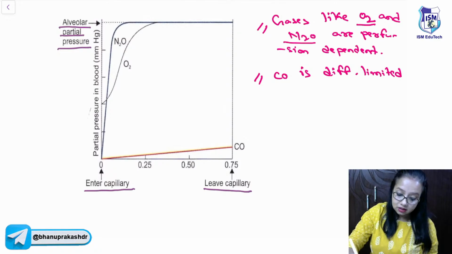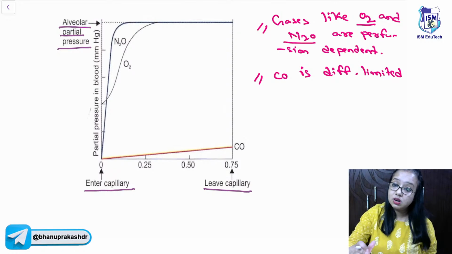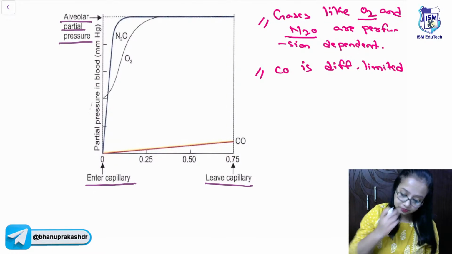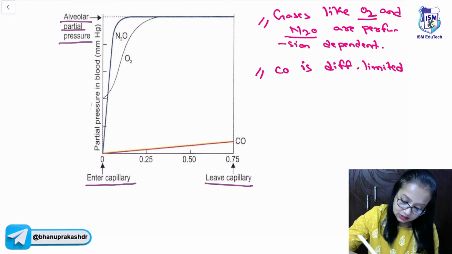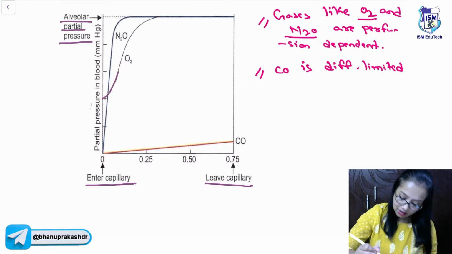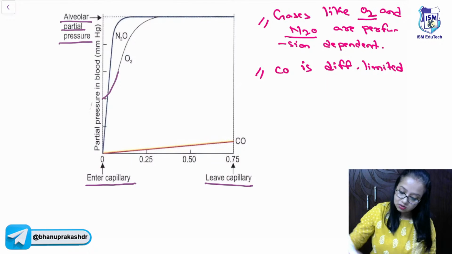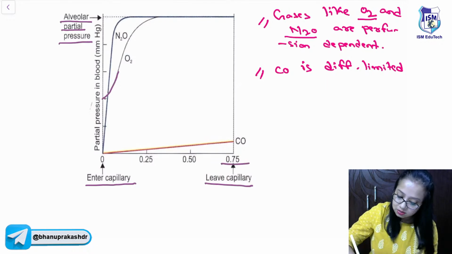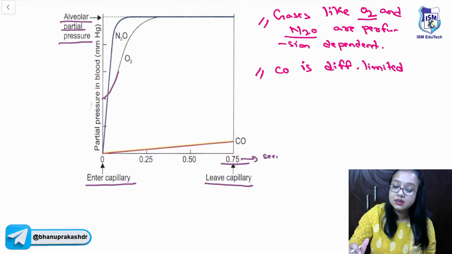But carbon monoxide, it has got nothing to do with the blood flow. It is dependent only on diffusion. So here you see, if we look at the oxygen graph as highlighted here. When the oxygen is entering via the capillary, the transit time is usually 0.7 seconds.